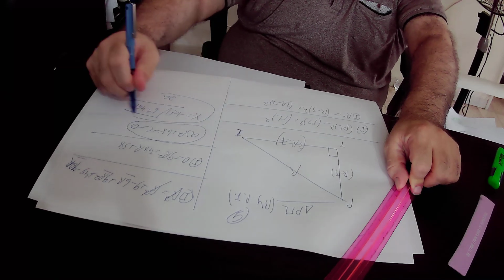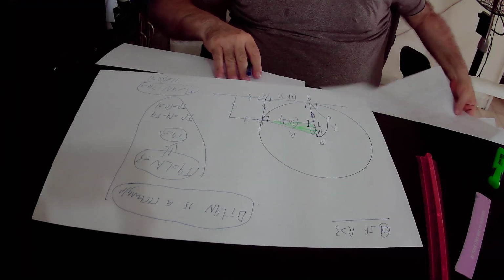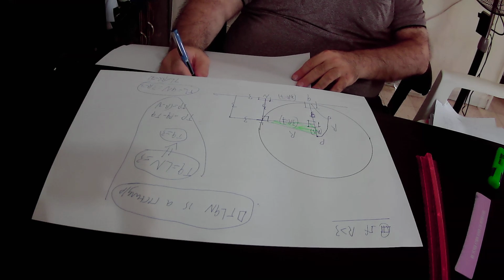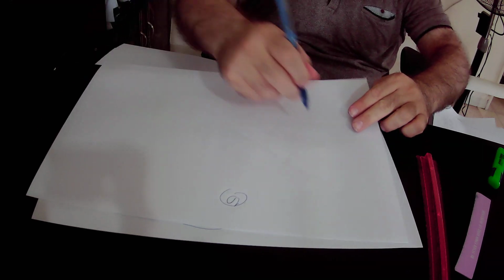In our specific quadratic equation, the coefficient a equals 9.